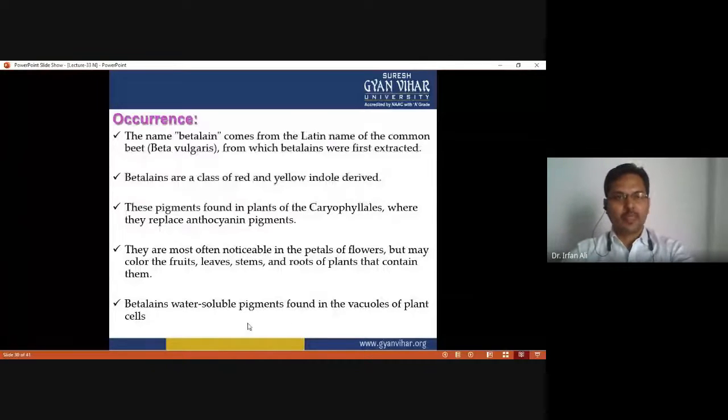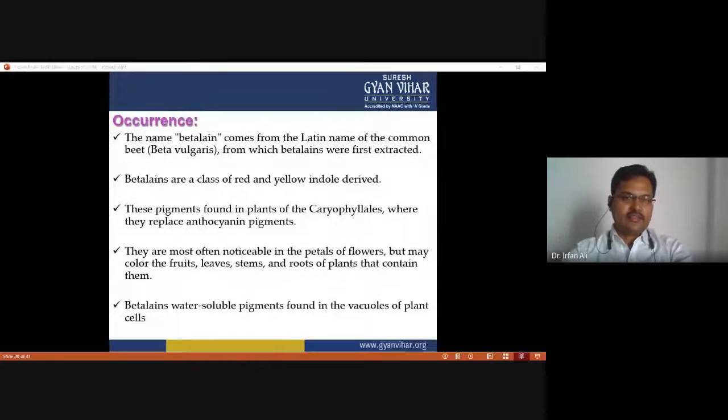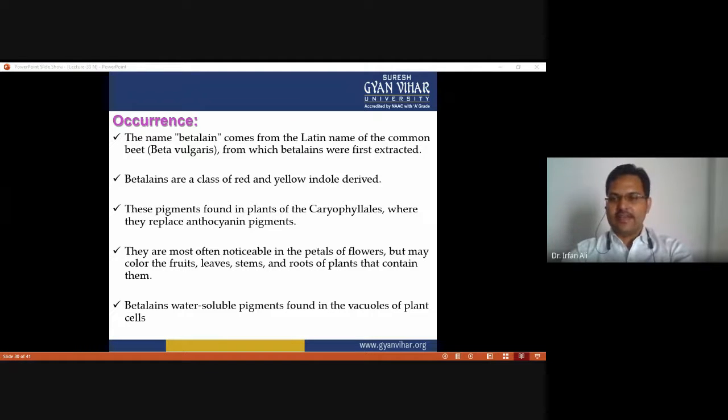And if we talk about the name, betalains comes from the Latin name of common beet, that is Beta vulgaris, from which betalains were first extracted. Betalains are a class of red and yellow indole-derived pigments, and these pigments are found in plants of the Caryophyllales, where they replace anthocyanin pigments.